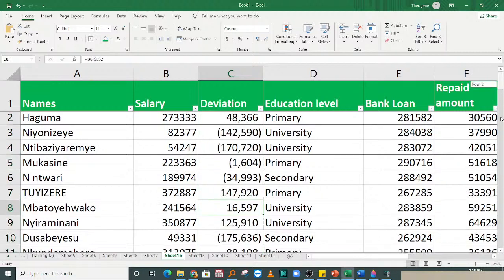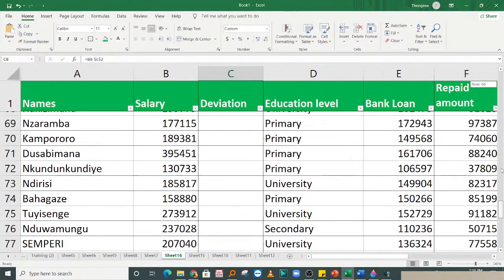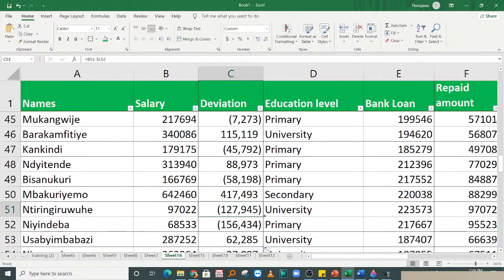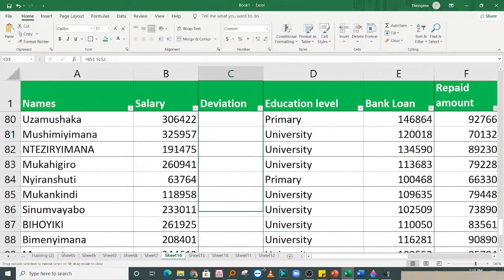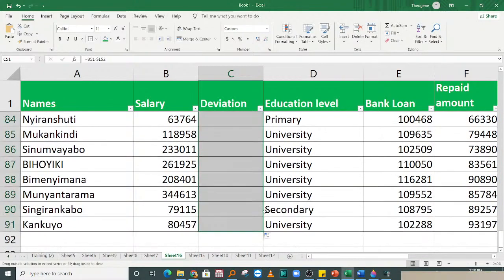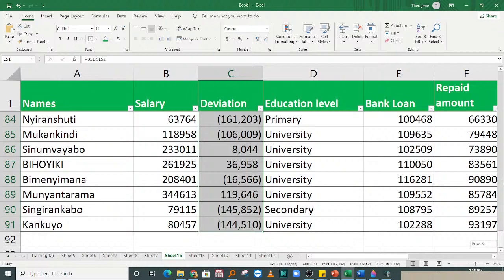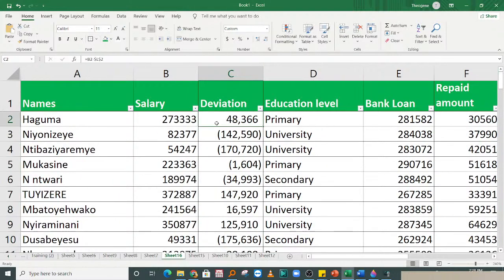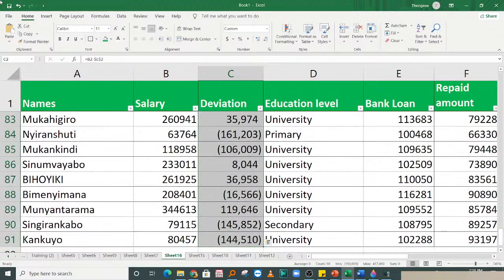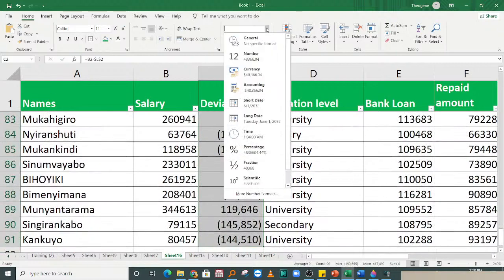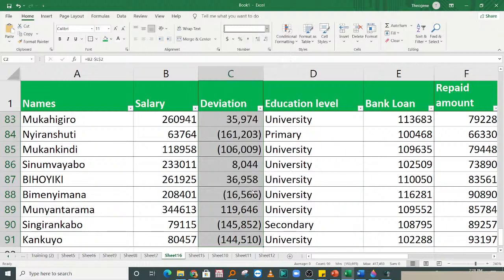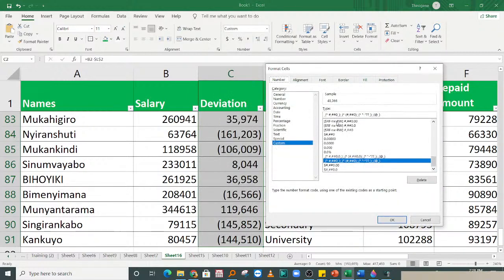Instead of having this parenthesis as a negative number, you can transform it into a real negative number. Let me show you how to do this. Click on deviation, select all the numbers down, go to custom, then more numbers.